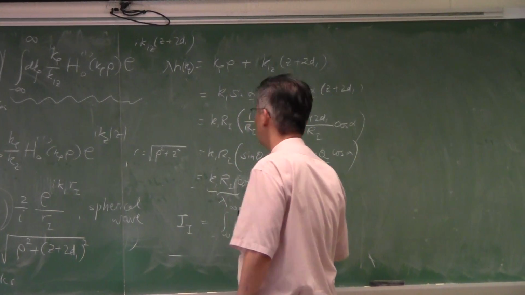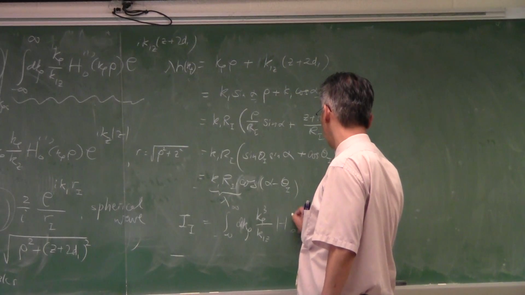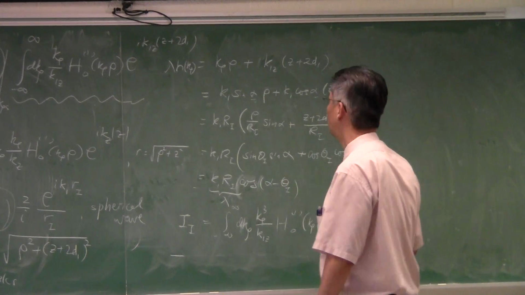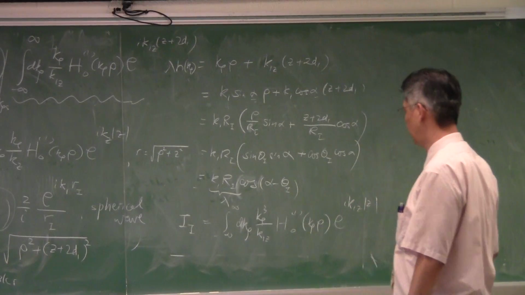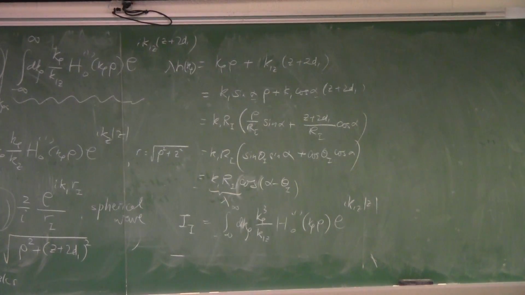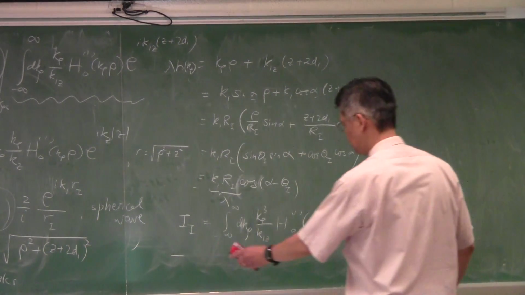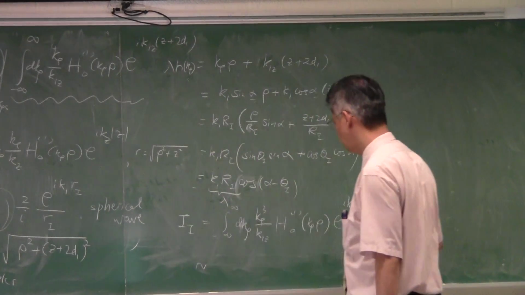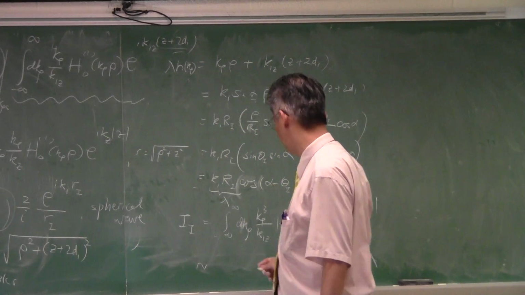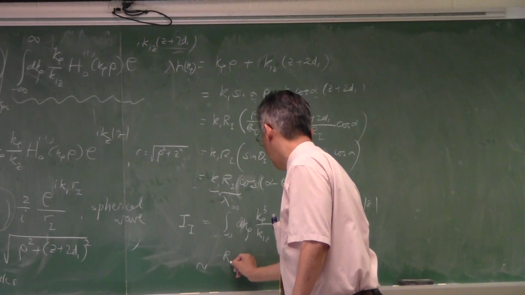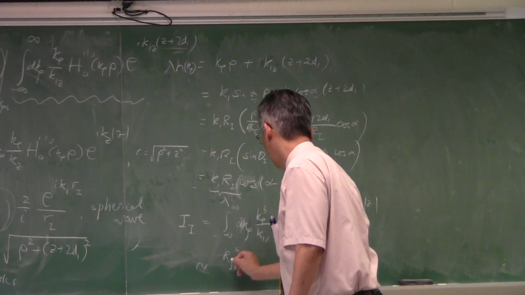The incident wave is this one. H01, k rho rho, e to the i k1z z. Now that you are an expert on the stationary phase method, what is the stationary phase point approximation of this integral? This thing here has changed. So this can be approximated as k rho s squared.